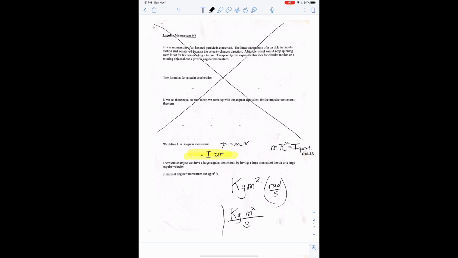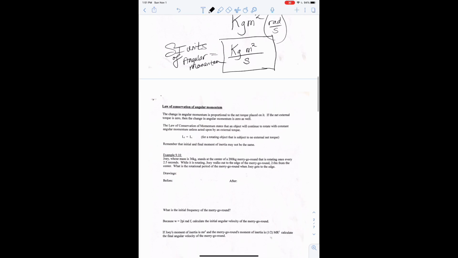And this is our SI unit for angular momentum. All right. Anyways, I just wanted to point that out. Moving on in the note guide.